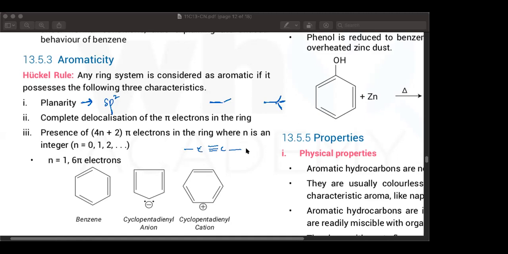There are no pi electrons there. Pi electrons are present, but there are two different sets of pi electrons in the case of sp. One set is above and below the plane, and one is ahead and behind this set of atoms.